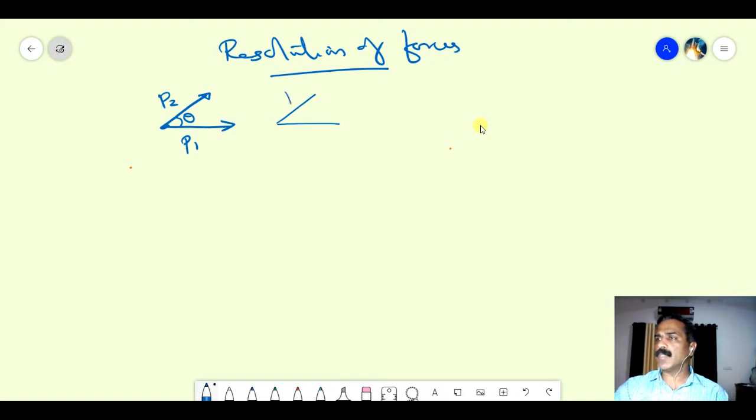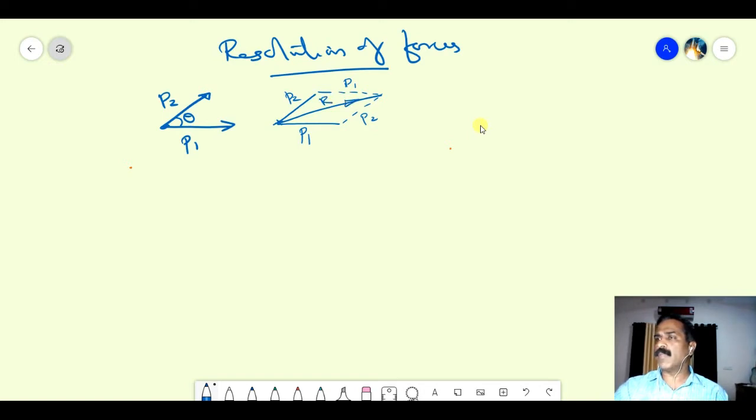So this is P2 and this is P1, and we construct a parallelogram with P2 as this side and P1 as this side. These are parallel and these are parallel. The diagonal of this parallelogram which is passing through the intersection of P1 and P2 will be the resultant.